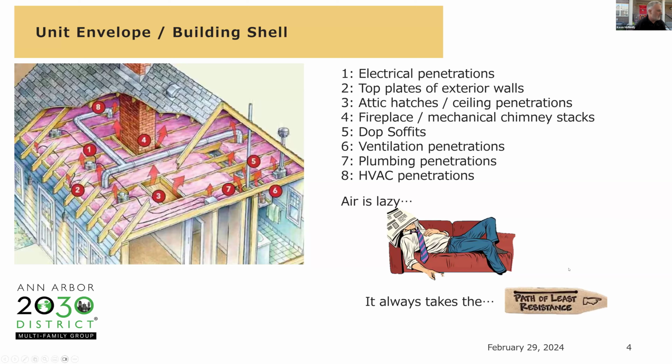Air is lazy. It always takes the path of least resistance. Here is an illustration showing all the different paths of air leakage just through the ceiling plane. And then you have probably as many going through the wall and several going through the floor also.